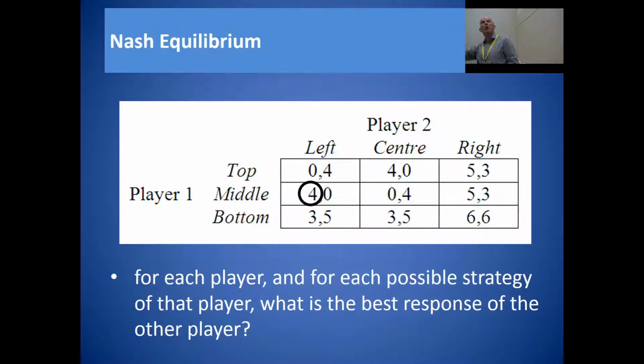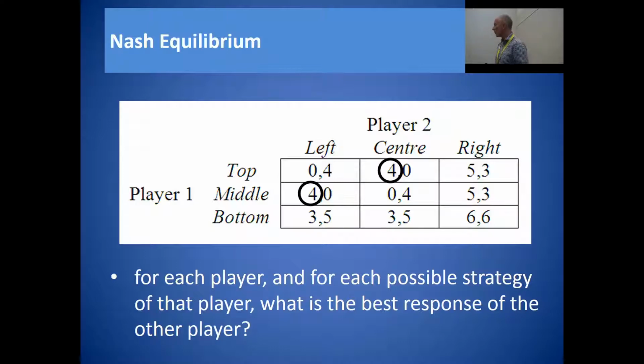Then moving on, were player 2 to choose centre, player 1 chooses top and gets a payoff of 4, middle and a payoff of 0, or bottom and a payoff of 3. Naturally, player 1 is going to choose top. Exactly. So again, I'll put that circle around 4 to denote that top is an optimal response.